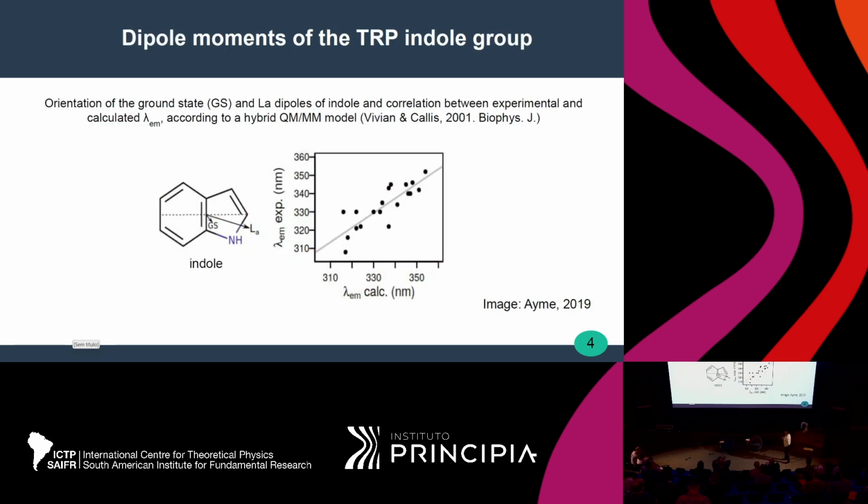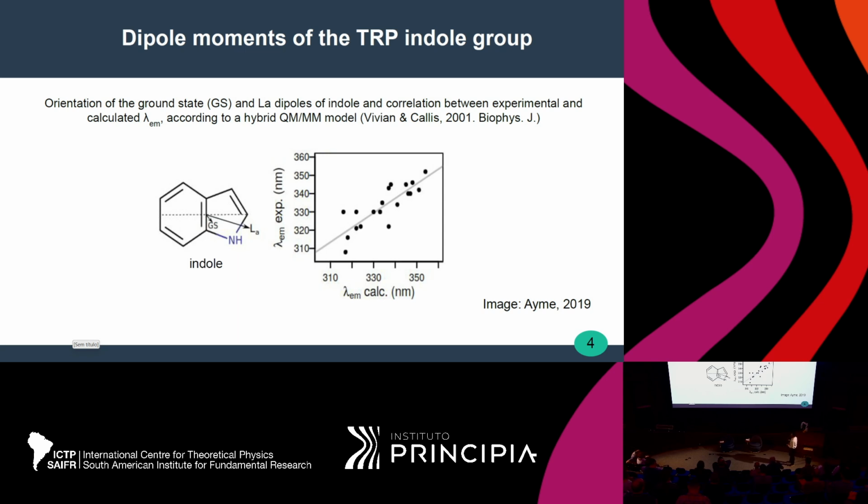The quantum mechanics methods are very important to spectroscopy, for sure. They are very good at predicting the transition densities and transition dipole moments of the chromophore molecules.